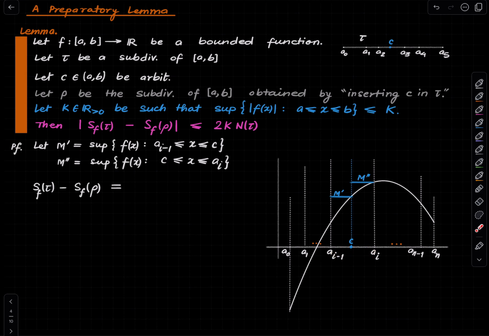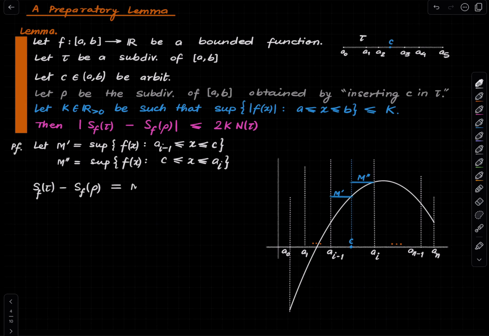So there is a summand here for tau which corresponds to the ith part, and then there are two summands for rho. One is for this part and one is for that part. So one summand for this and two summands for that, those are the only things which will make a difference. So we'll just write them here.